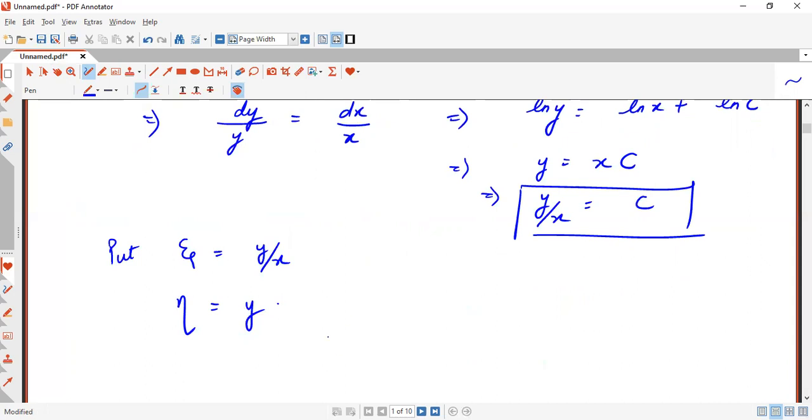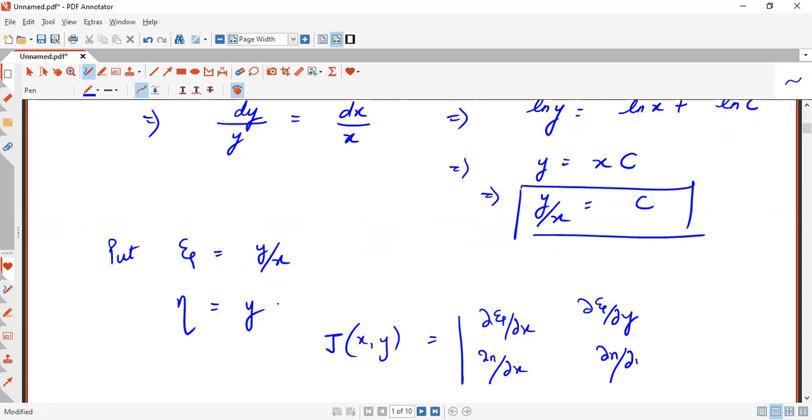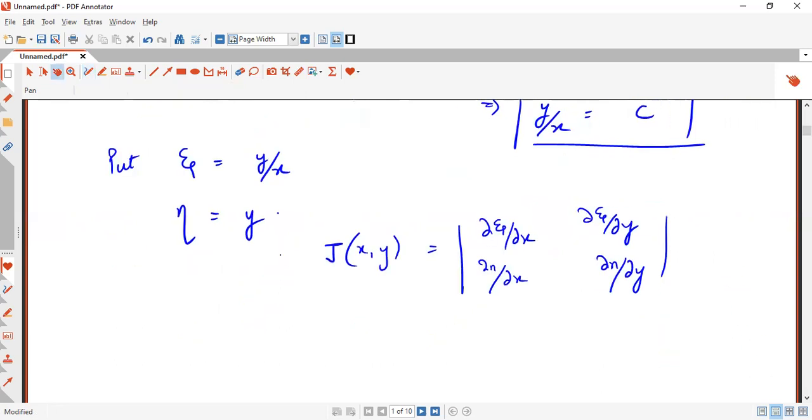What will be the answer? First, you have to check the Jacobian. The Jacobian of xi and eta will be: del xi by del x, del xi by del y, del eta by del x, del eta by del y. Check whether the Jacobian is coming 0 or not.